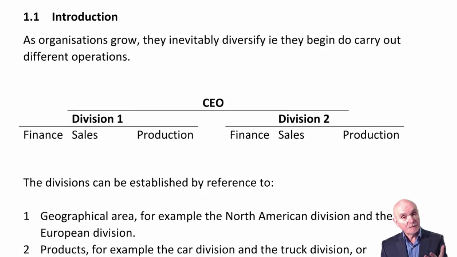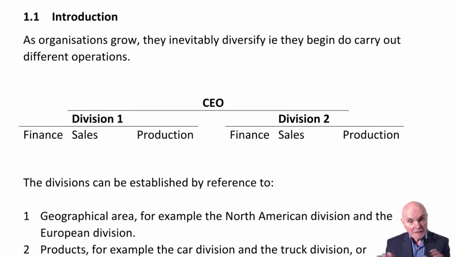If you're selling to America, you need to know what advertising is going to work there. You need to know what prices are being charged by your competitors, and the strength of your competitors. To some extent, you need to know what's legal in that country. There can be different health and safety laws. If you're selling cars or pharmaceuticals, you have to become a specialist in your market. And so it makes sense to split.